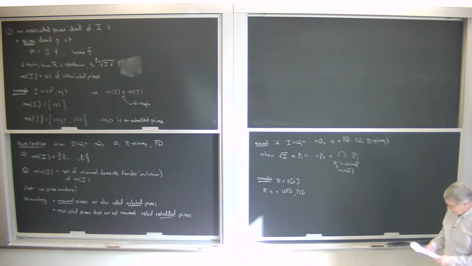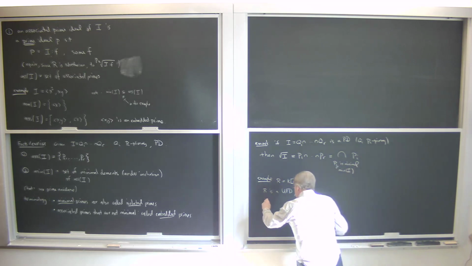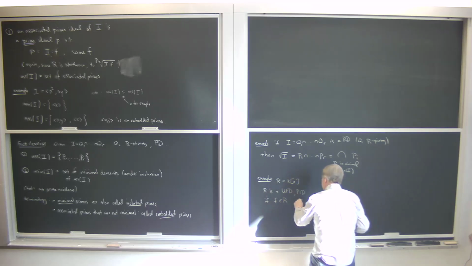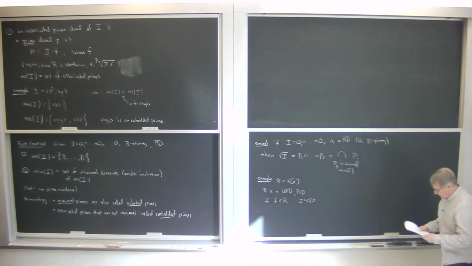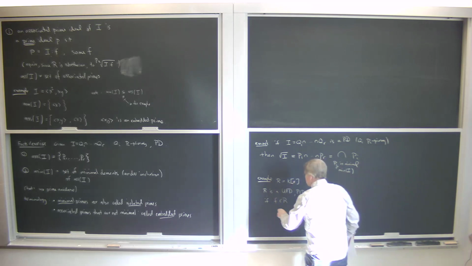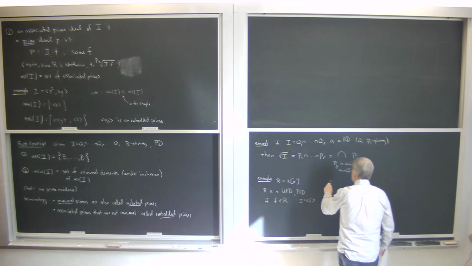In fact it's so nice that it's kind of boring. But anyway, if F is in R, then I is equal to the ideal generated by F, right? That's the only form, every ideal is of this form. Since it's a UFD, we can factor this uniquely.